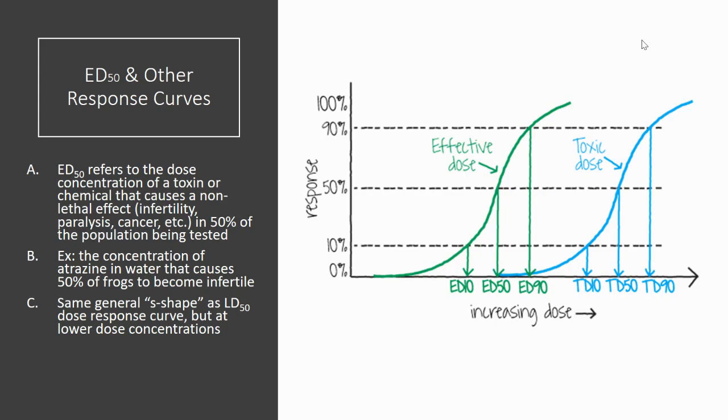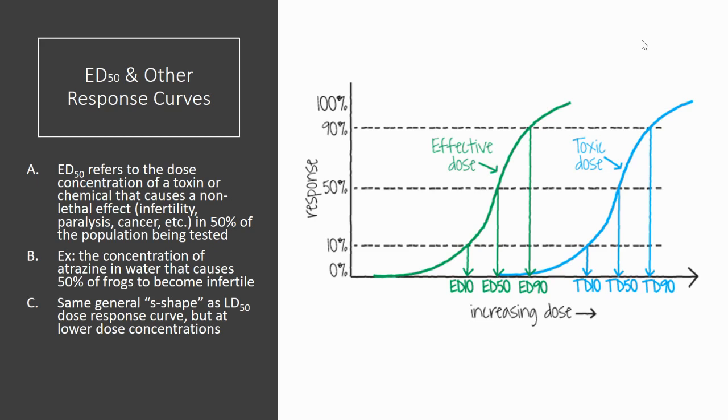Now, something we didn't necessarily mention in class today, but you will investigate tomorrow in the activity, is that there are a couple of different names for this type of phenomenon. So we know lethal dose 50 is lethal to at least 50% of the population.